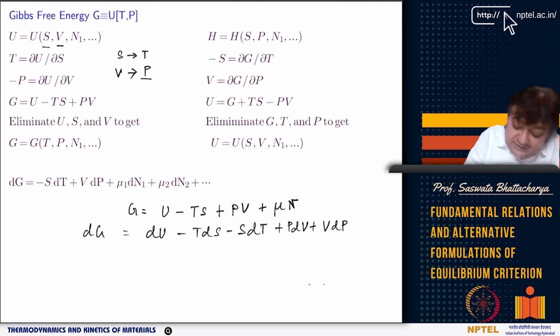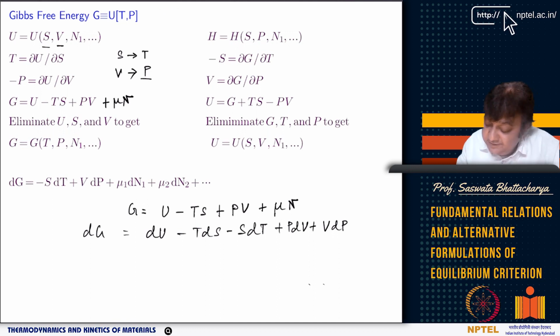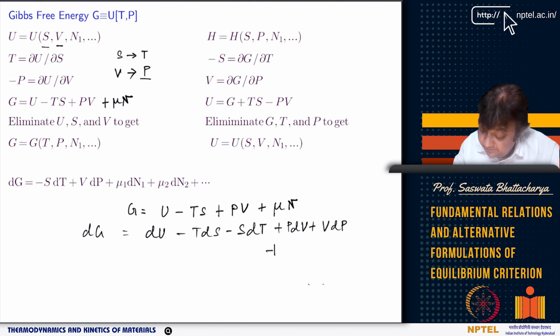That term was missing because we have neglected it, but here definitely there is G equals U minus TS plus PV plus mu n, because we are not using any conjugate relation between mu and n here. So mu n remains as mu n. So dG can then be written as dU minus T dS minus S dT plus P dV plus V dP plus mu i dni plus ni d mu i.